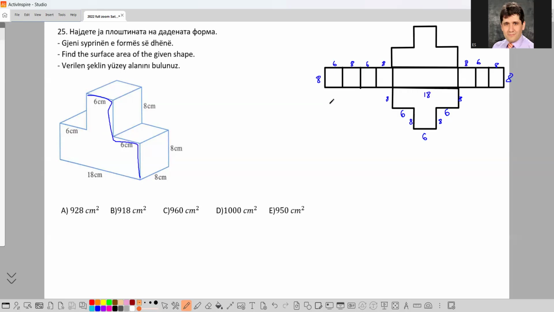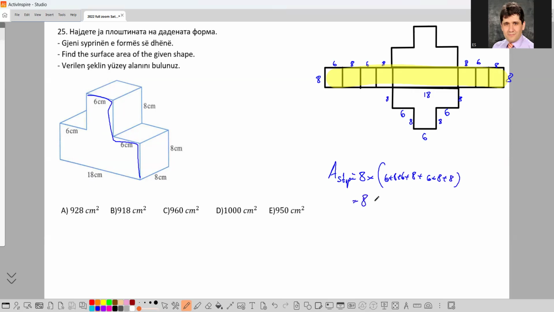All right, now how would you find the area? Well, we can find the area here by just finding the length, right? Let's write it: the area of the strip here, this line, would be 8 times the sum, 6 plus 8 plus 6 plus 8 plus 6 plus 8 plus 8.